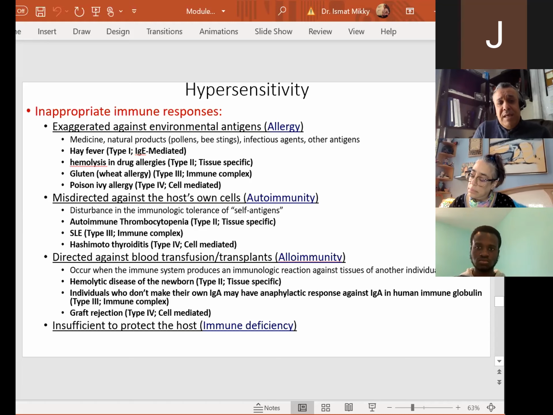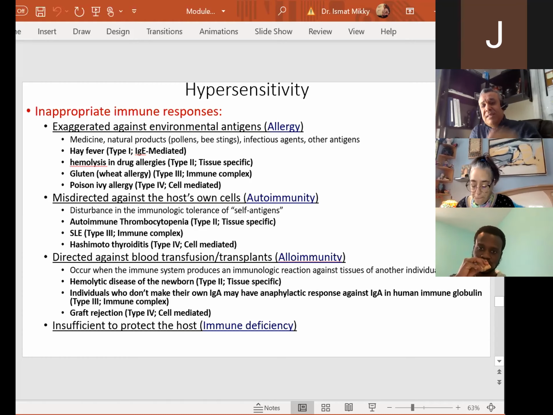So we explained the allergic reactions or allergies in terms of exaggerated responses against environmental antigens in type 1, 2, 3, and 4. You apply not exactly the same, but very similar kind of explanation when the patient's immune system is going to attack its own cells, and it develops autoimmunity or autoimmune disease. So that's when the reaction is misdirected against the host's own cells, it becomes an autoimmune disease.